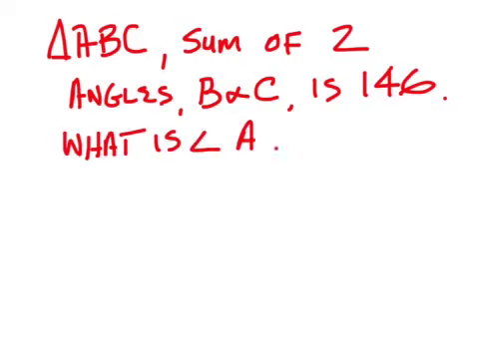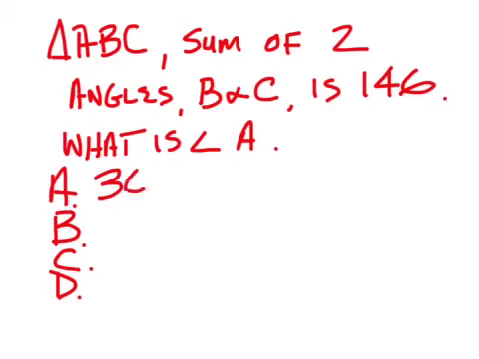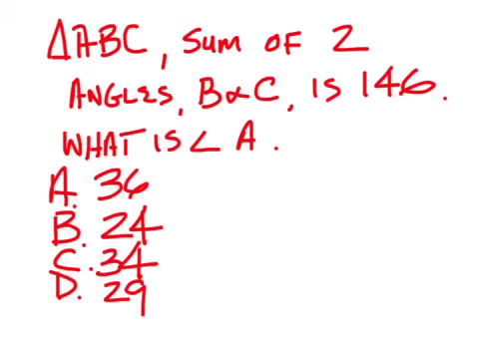Your choices are A, B, C, D, and A is going to be 36, B is 24, C is 34, and D is 29. The correct answer is C.